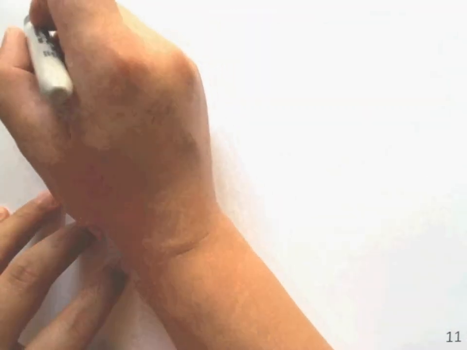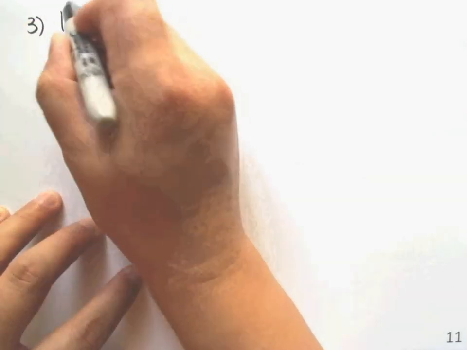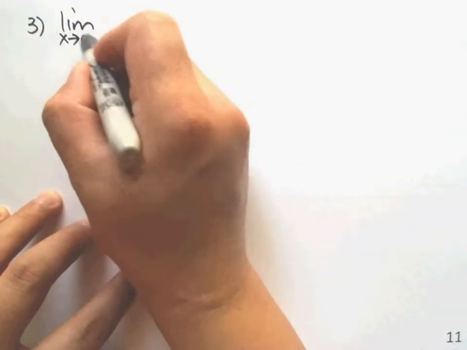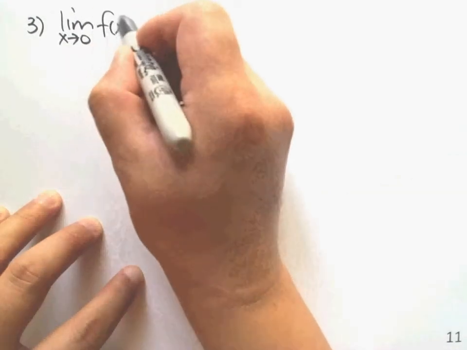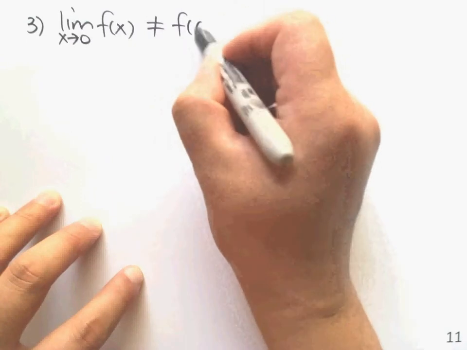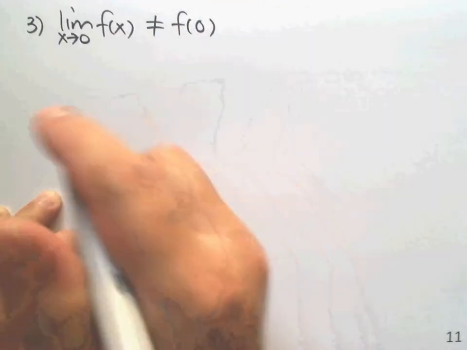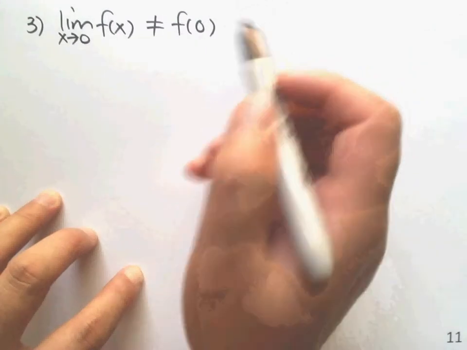Now, what do we get? The third: the limit we just verified when x approaches 0, f of x is 1, right? It does not equal f at 0. f at 0 is 0. They are different.